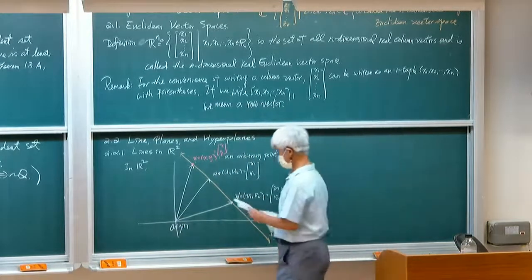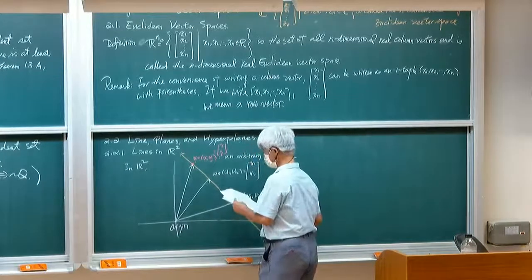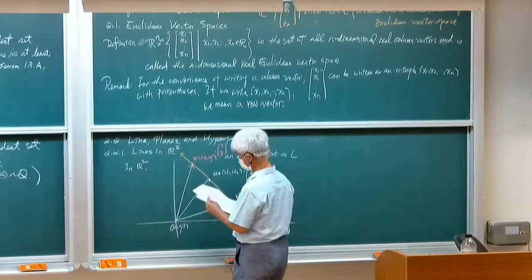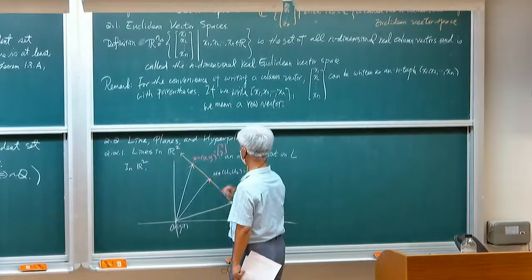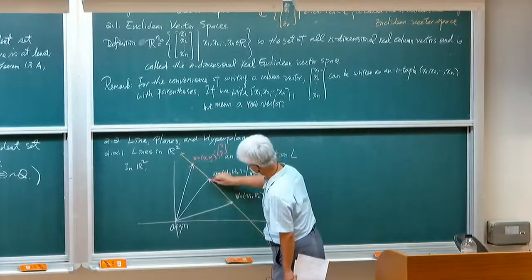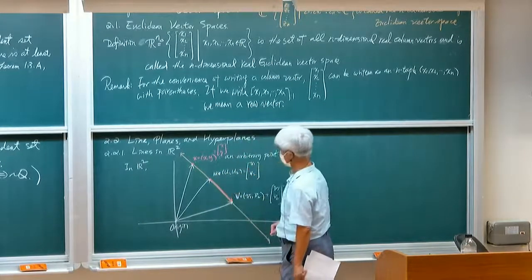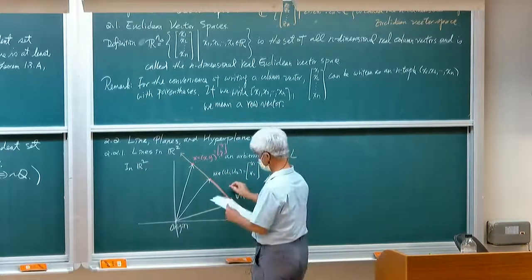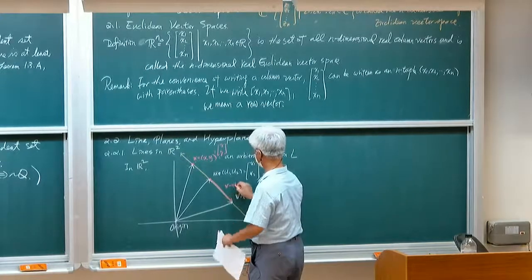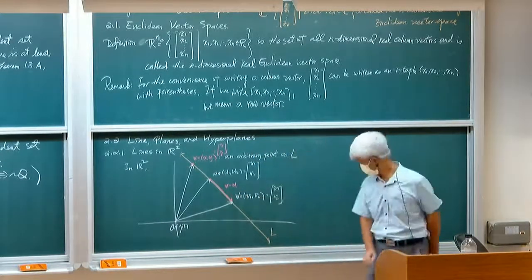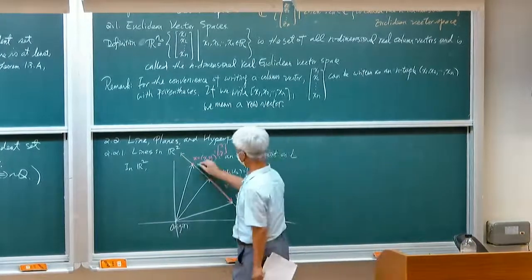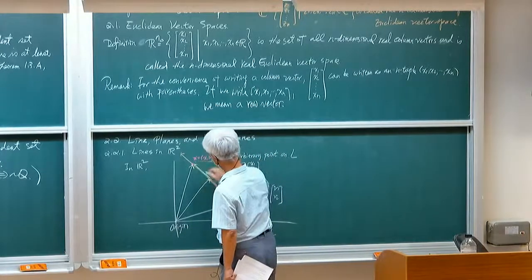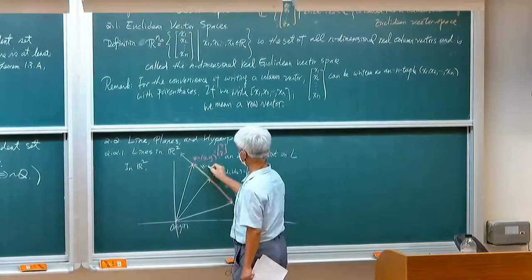Now you can see, if we select u as the base point, we construct a difference vector. This difference vector is v minus u. And also the difference vector from u to x is x minus u.